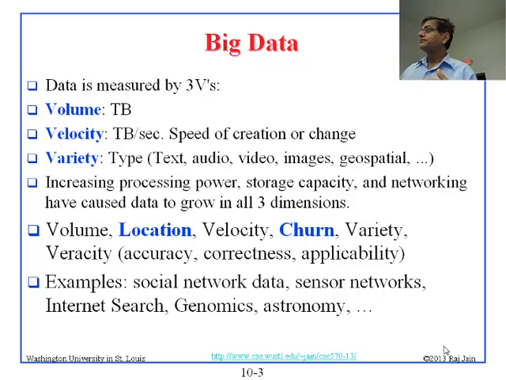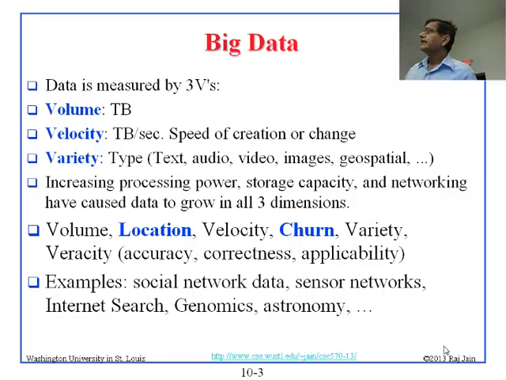And churn. Churn is somewhat related to velocity, but velocity indicates how often the data comes in, and churn is how often the data gets out of date.